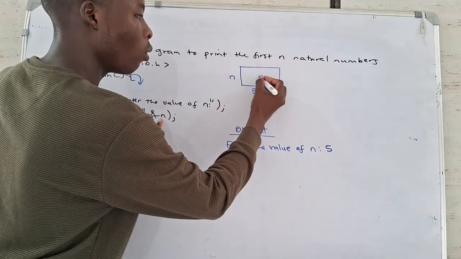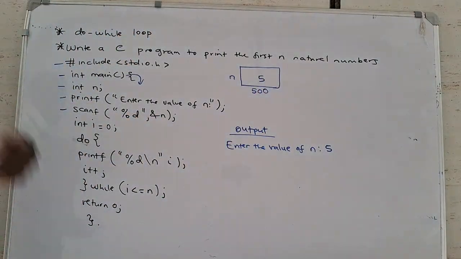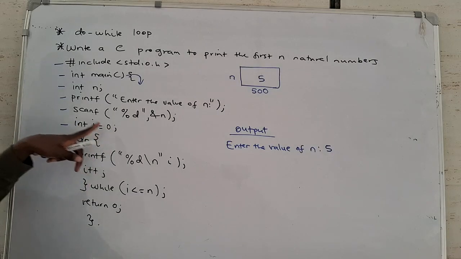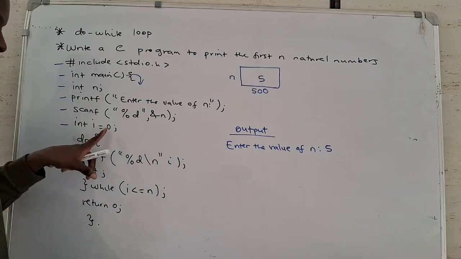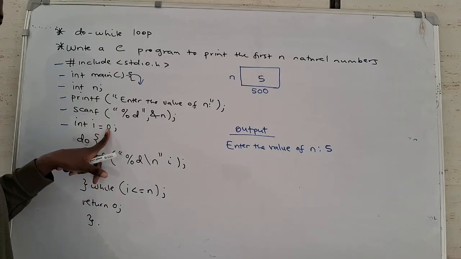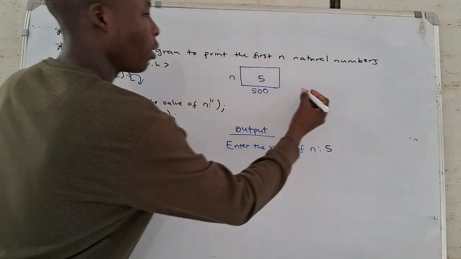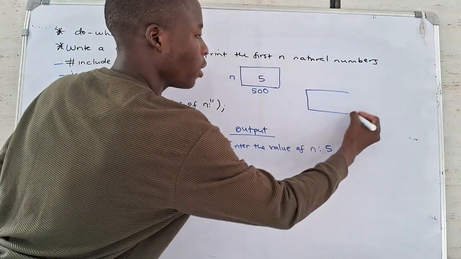So now 5 will come here. It's okay. See, here I have this statement. What is this statement? This statement is declaring a variable i. At the same time, it is initializing this i. Okay, so this is going to happen in the computer. This is going to happen in the machine itself.